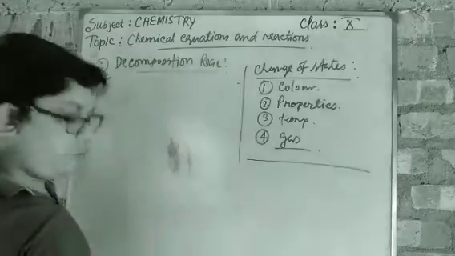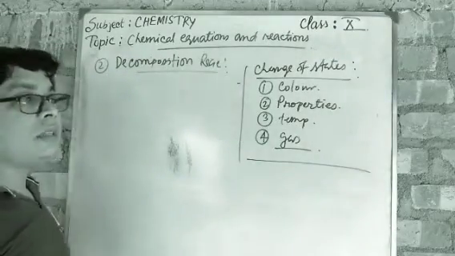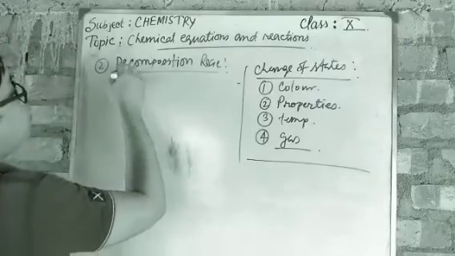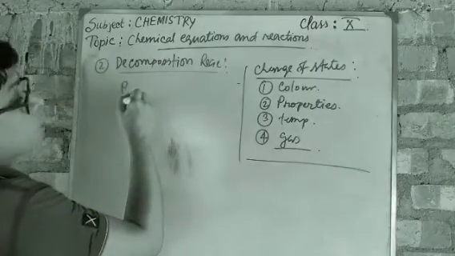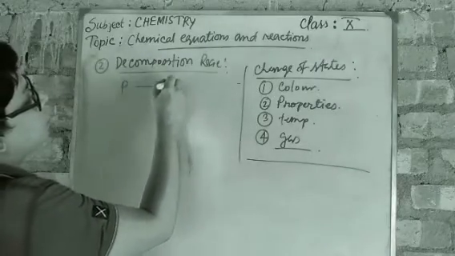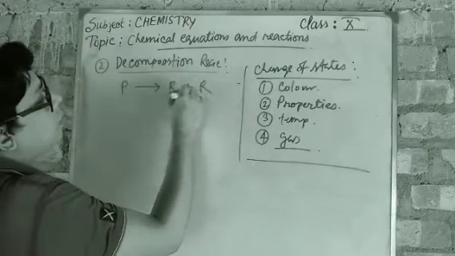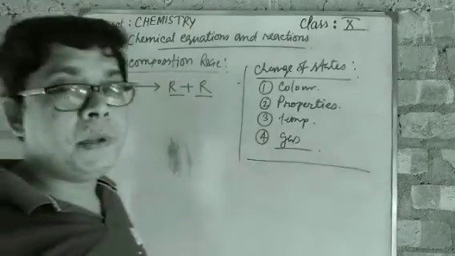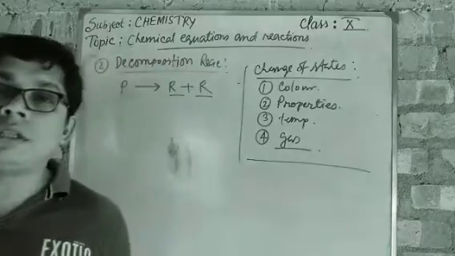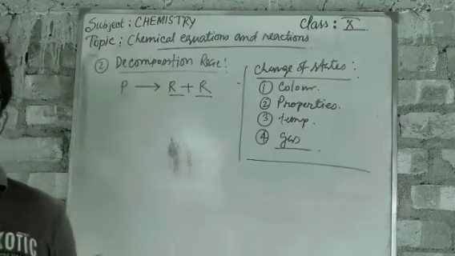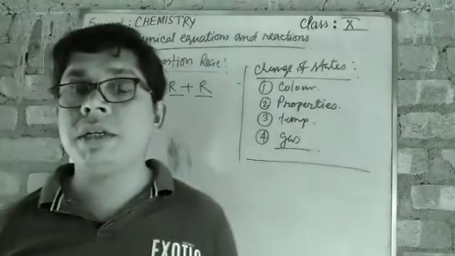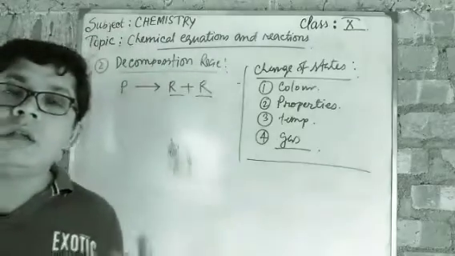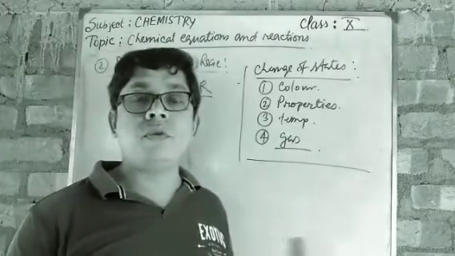In decomposition reaction, it is saying that here one product will be used, and from the product reactants will come out. It means the product will diverge itself. When it diverges itself, then it will make either two reactants or more than two reactants. Okay, so let's go for its own kinds.